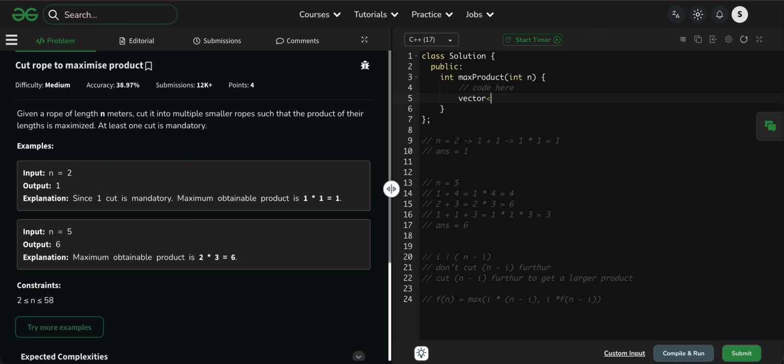This is the bottom-up approach. vector of int dp of size n plus 1, initialized to 0.